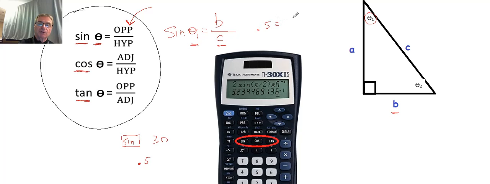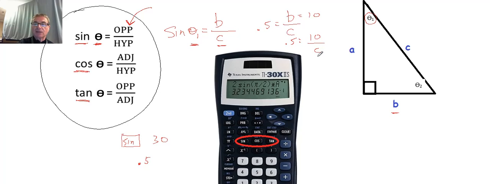And so in my case, 0.5 would be equal to b divided by c. If I knew what side b was equal to, let's say b is equal to 10, I could easily figure out what my hypotenuse is. It would simply be 0.5 is equal to 10 divided by c, which is my hypotenuse.